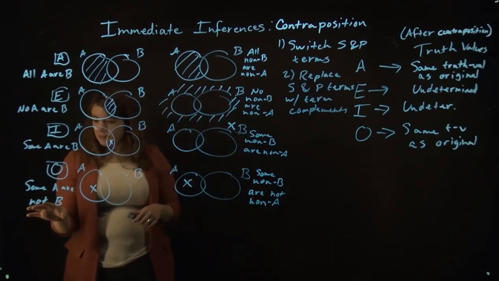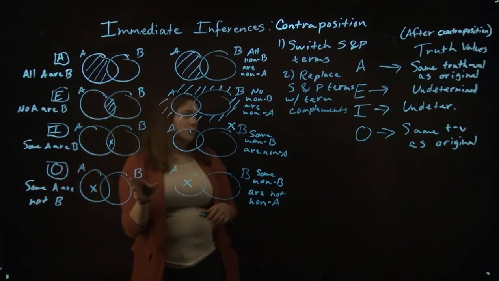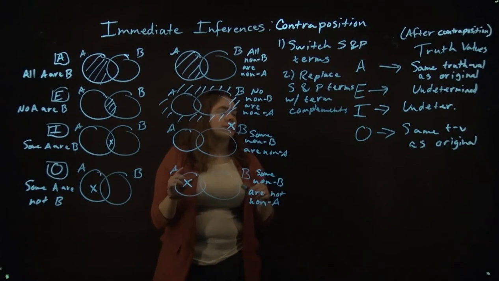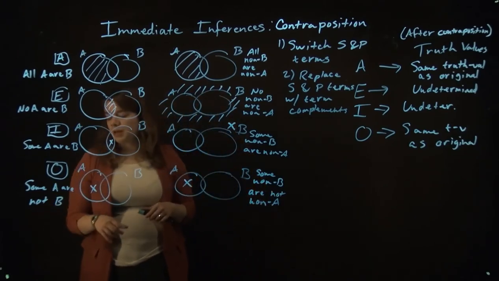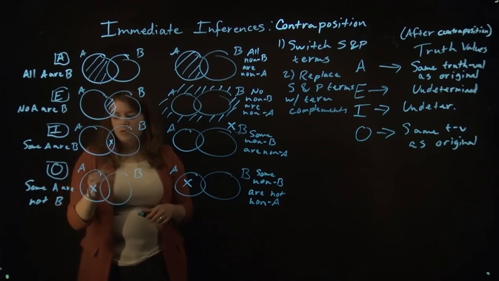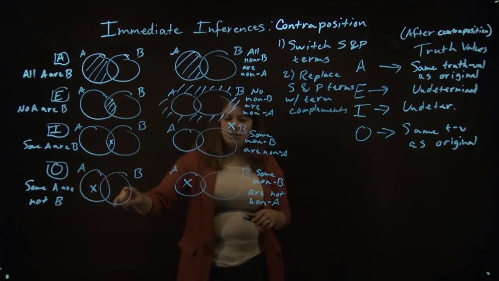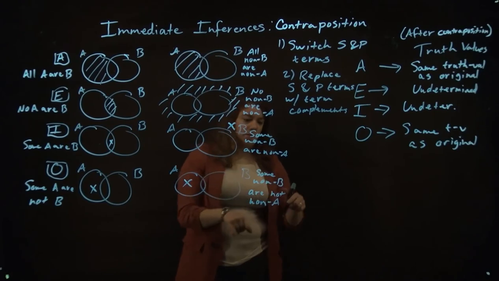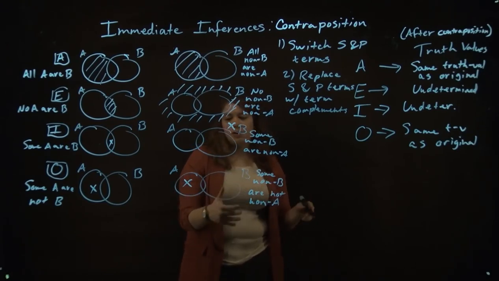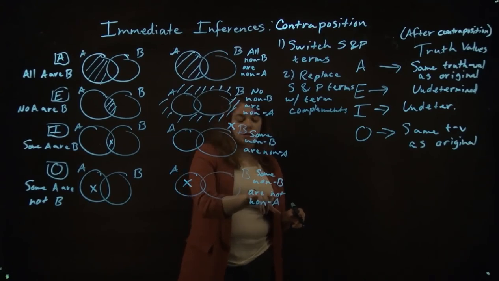The final sorts of statements, the O statements, are going to be like our A statements insofar as they're going to have the same truth value as the original. So if you say some dogs are not brown animals, there's at least one individual that is outside the class of B, well, then the opposite here would be some non-brown animals, some things outside of the class of brown animals, are not non-dogs.